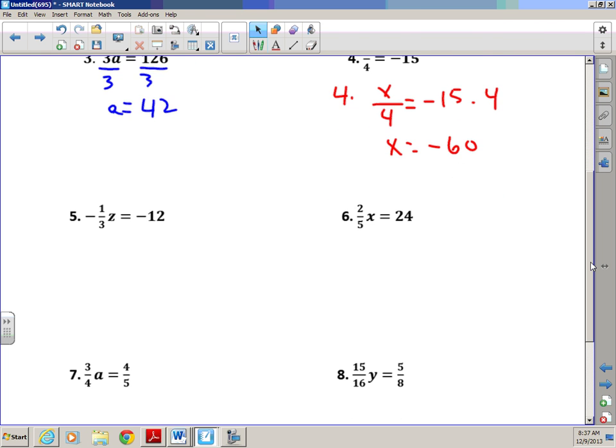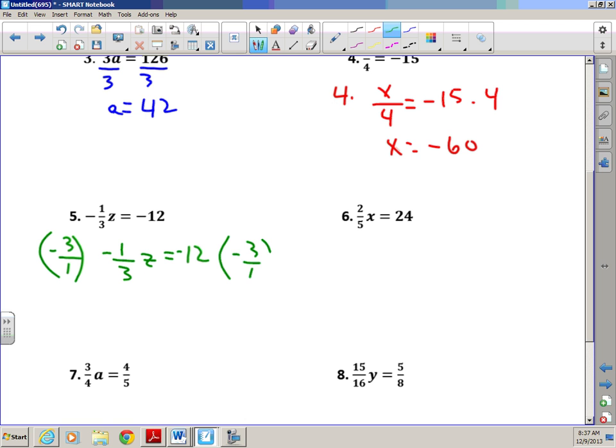This is being multiplied by negative 1/3. So I'm just going to rewrite this here again. So again, if you might recall, you would multiply by the reciprocal, meaning flip the fraction, okay? It has to be the same sign, because a negative times a negative is a positive, to get our answer.